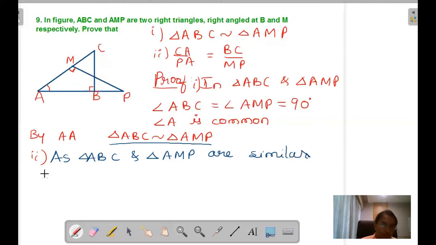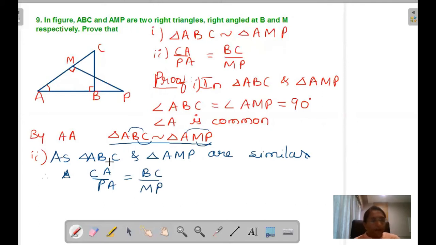Therefore, CA by PA is equal to BC by MP, see the order. Hence the proof.